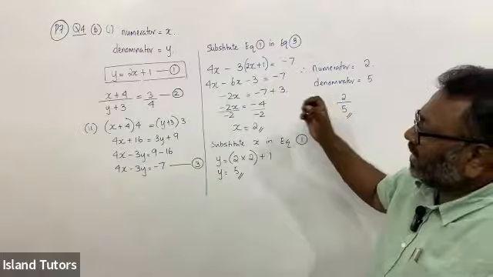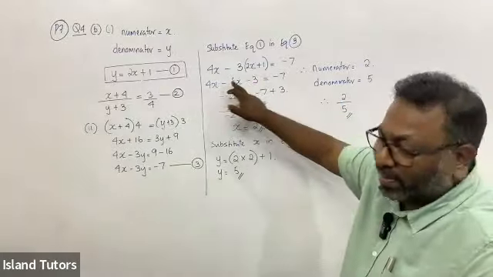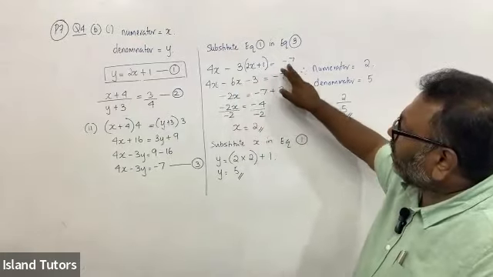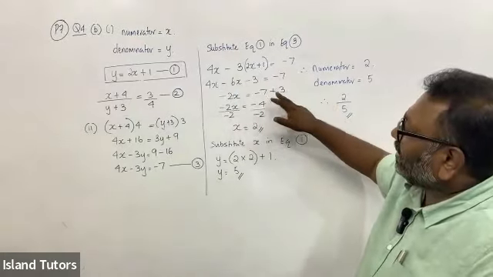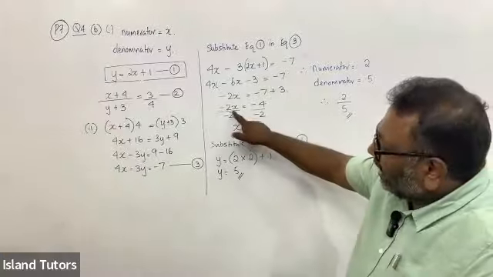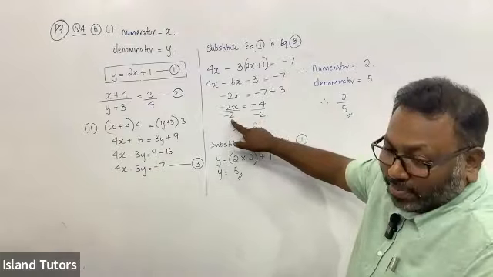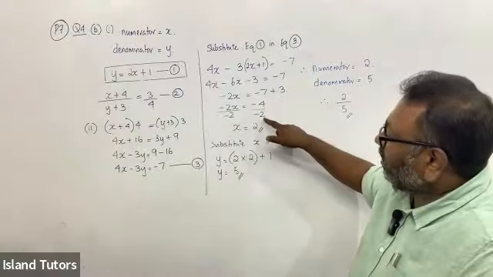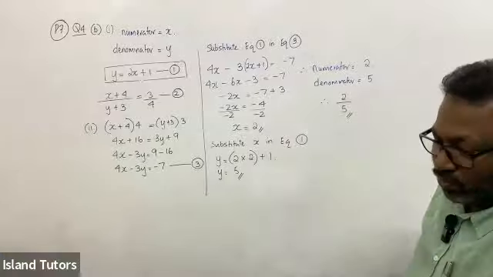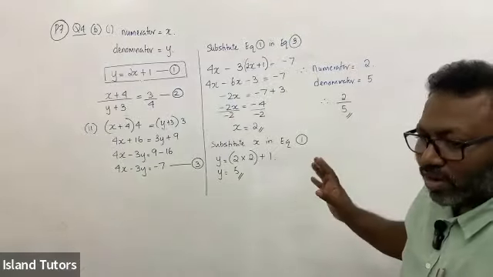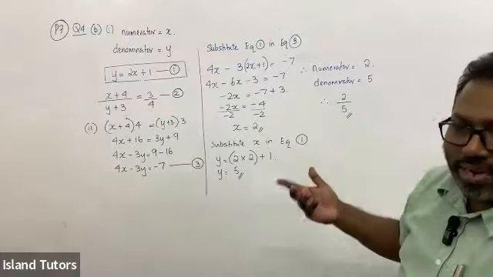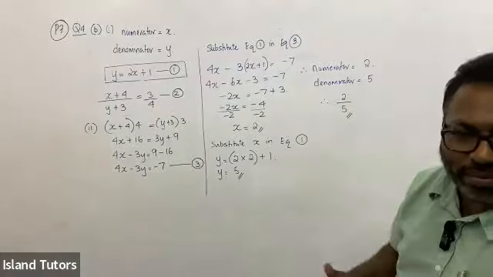Then we simplify: 4x minus 6x is minus 2x. Minus 3 we took to this side, so minus 7 plus 3 is minus 4. Minus 2x divided by minus 2, minus 4 divided by minus 2, so x is equal to plus 2. So we found the numerator. Now we need to find the denominator because we need to write the fraction.